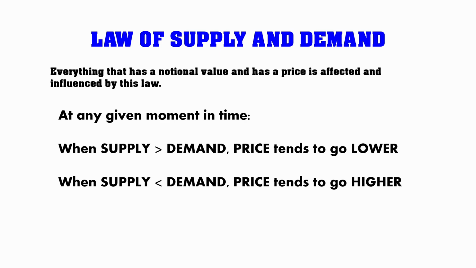But as soon as harvest season ends, and supply starts to decrease, there's a point when demand starts to be greater than the supply. So at that point, it becomes an out-of-season fruit, and the price of those peaches tends to go higher. That's usually how it works with everything.